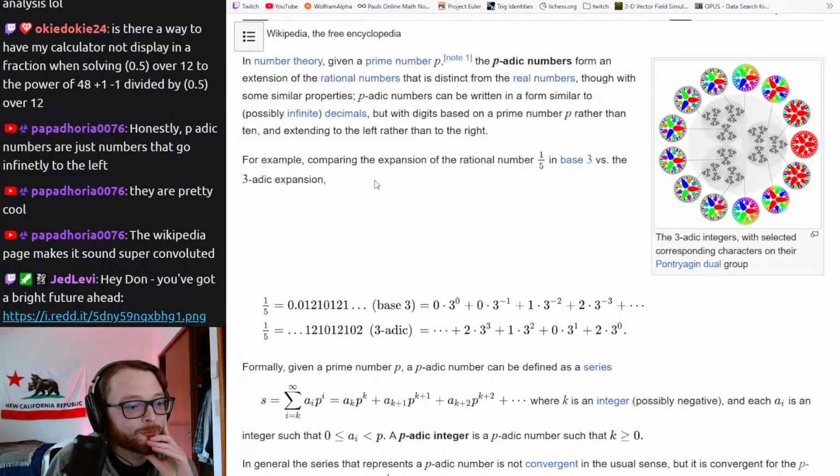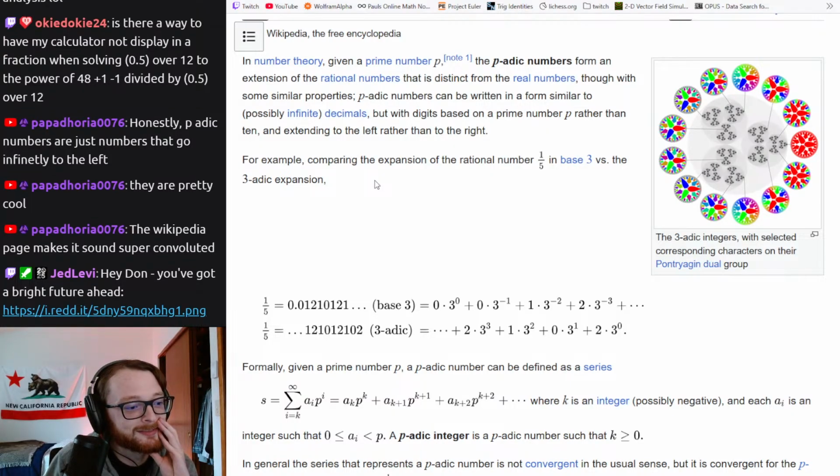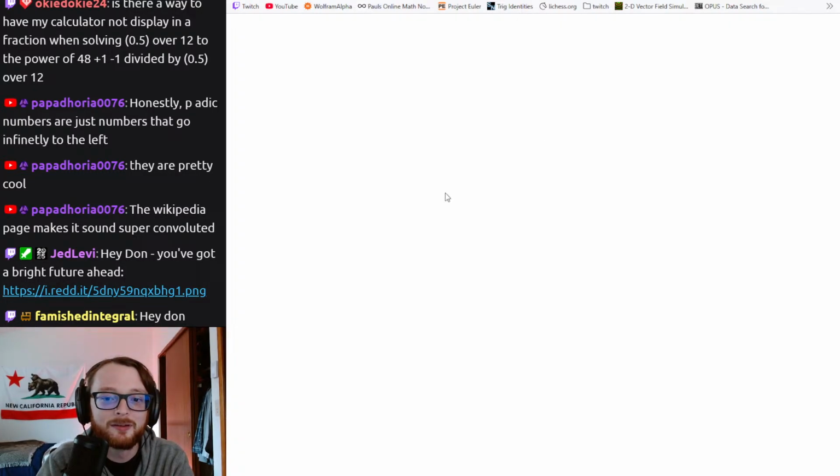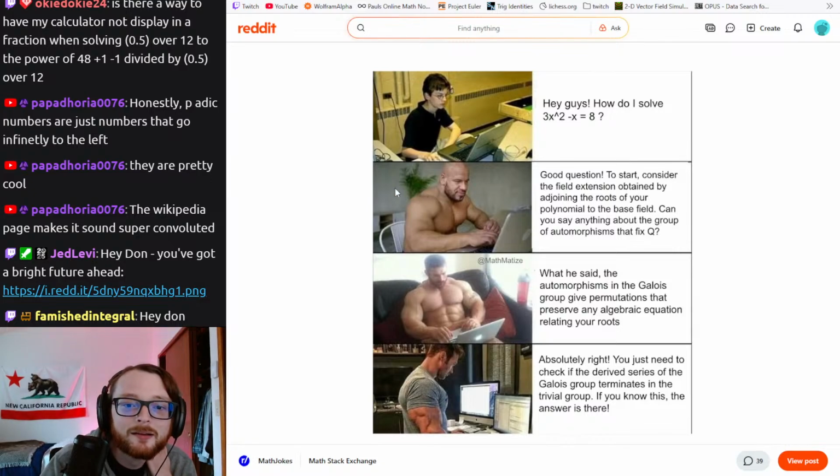So did my calculator not display in a fraction when solving 0.5 over 12 to the power of 48 plus 1 minus 1 divided by 0.5? Not display in a fraction? Like, not display the result in a fraction? Or what do you mean? Hey, famished. How do I solve 3x squared minus x equals 8? The star: consider the field extension by equating the roots of your polynomial to the base field.